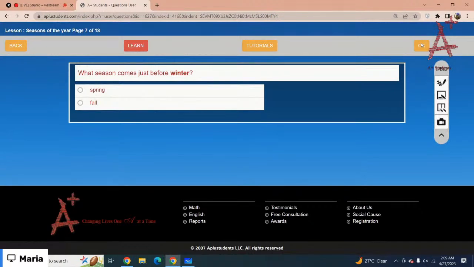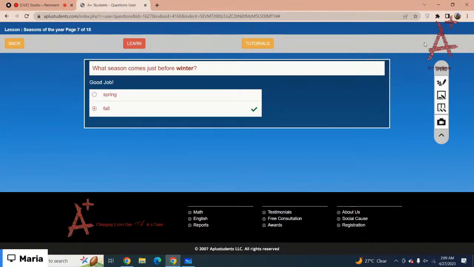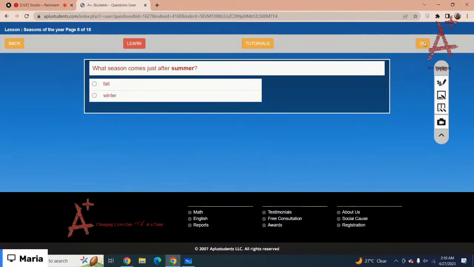Which season comes just before winter? Very good. That would be the fall. Just before winter it is fall. Think and then answer. No hurries, no worries. What season comes just after summer? Which is the correct option?